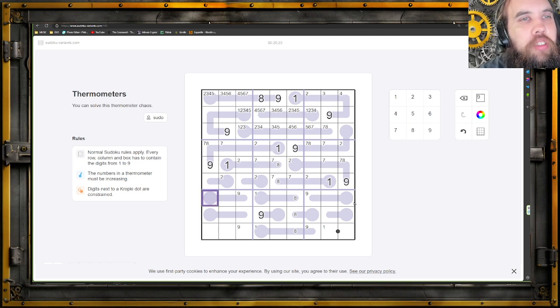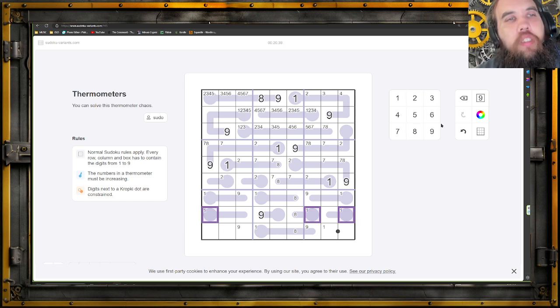You can go ahead and just pencil, I guess, this in. That one is in one of three spots on this row. 1, 2, 3. One is in one of three spots here. Again, none of these are really giving me much at the time.